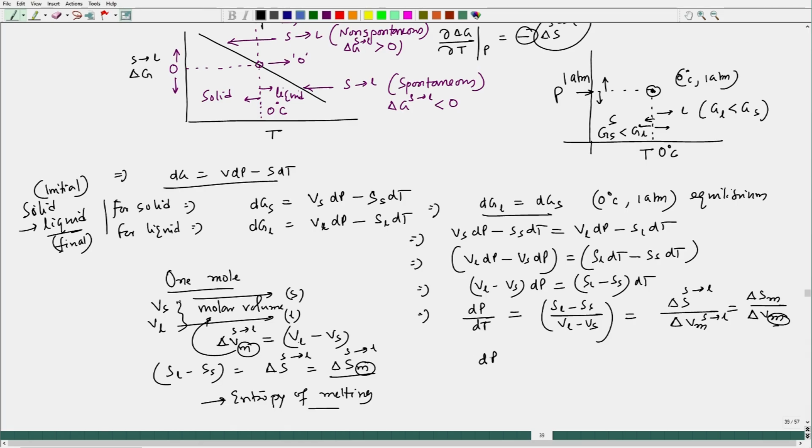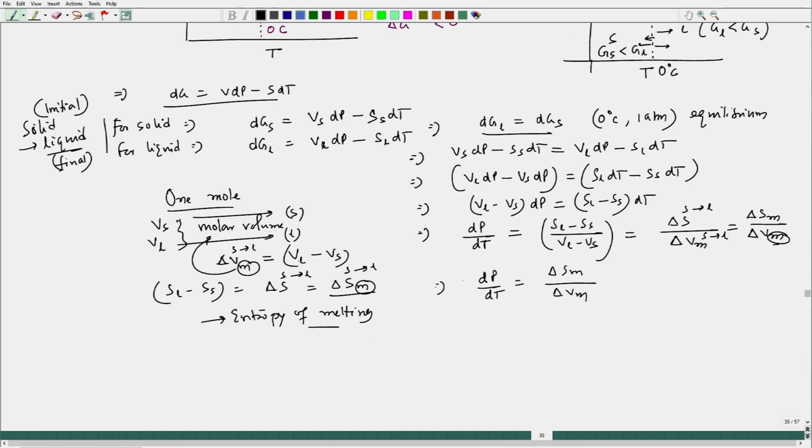So, the final equation, if we try to write it in this fashion for solid and liquid water, divided by delta V m, and now I can get an equation with respect to the enthalpy of melting.